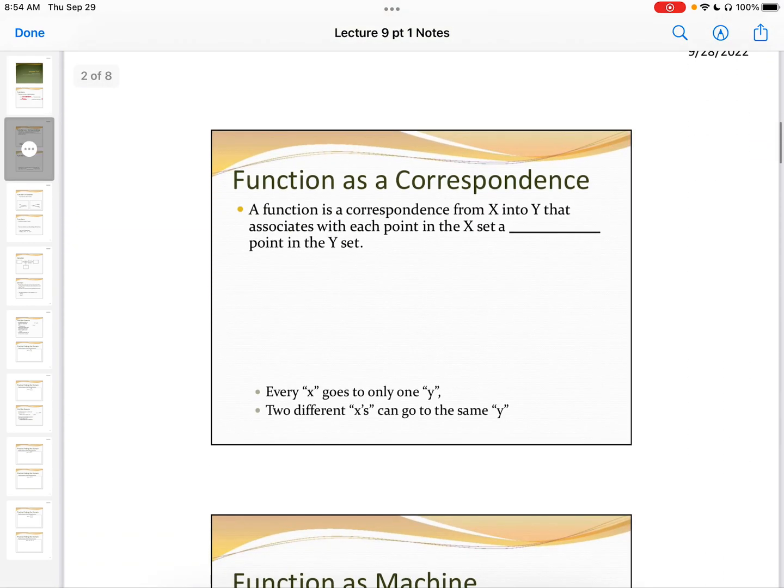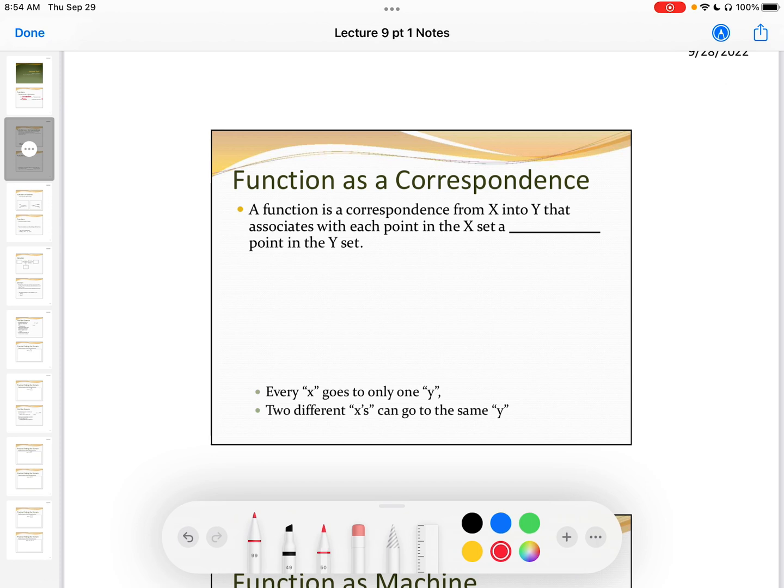So first one, a function as a correspondence. Now, when I tell you guys that you have to define these and you get to pick which way, you have to give a definition in words. You also have to draw a picture. So function as a correspondence. A function is a correspondence from x into y that associates to each point in the x set a unique point in the y set.